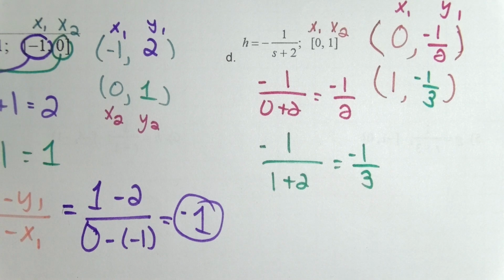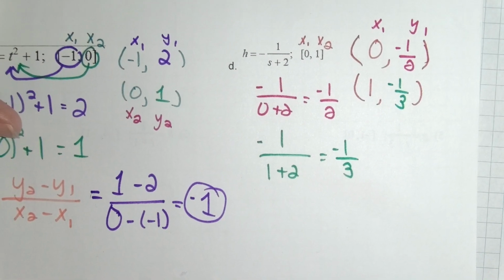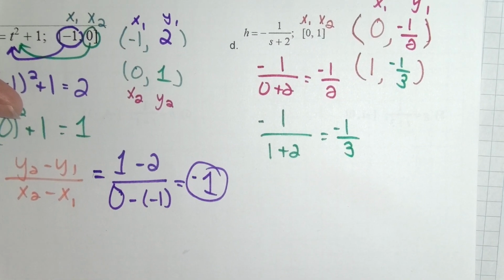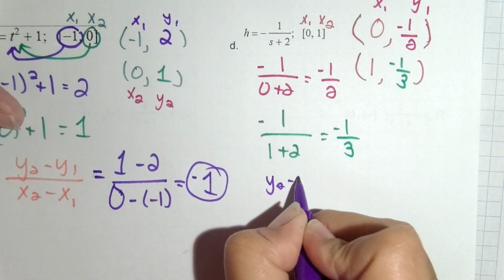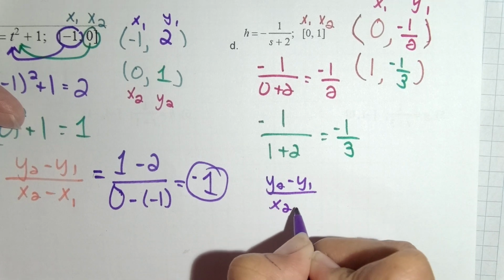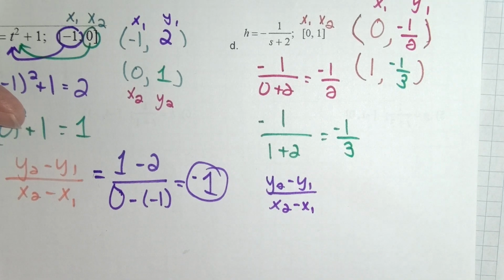All right. Step 3, what do we do? I'm sorry, step 2. We're not on step 3 yet. Substitute what? Into the slope formula. Very good. y2 minus y1 over x2 minus x1. It is okay for fractions.